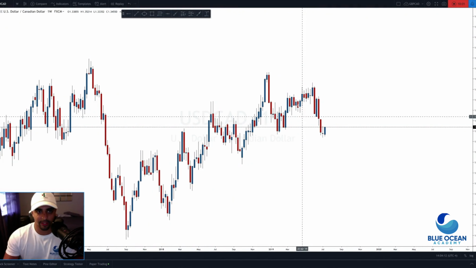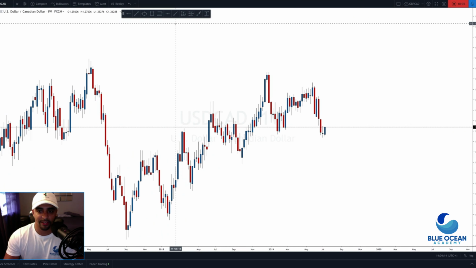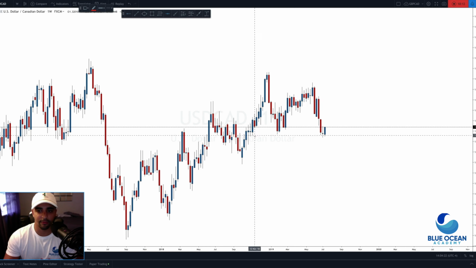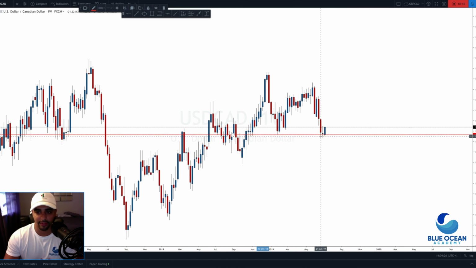Now you do also want to keep in mind your major supports and resistance, which I call a key level. So for me, this is a key level of support. If you look left, it acted as support. There was support here as well.